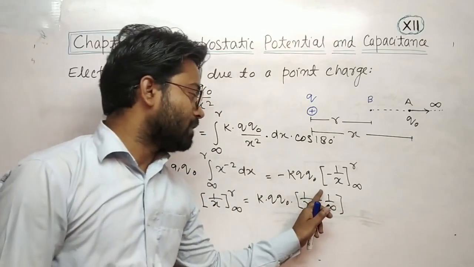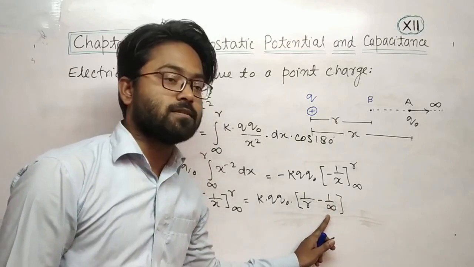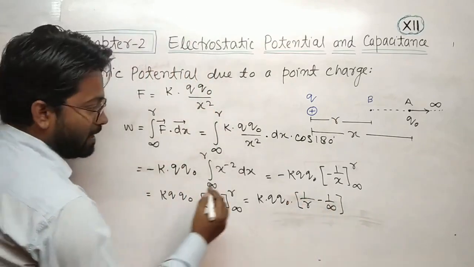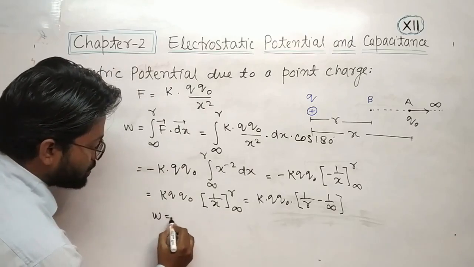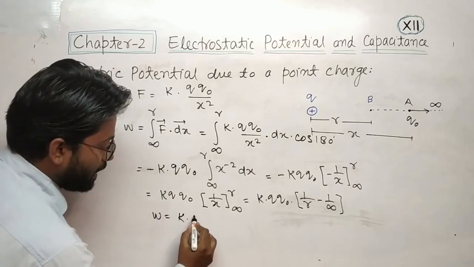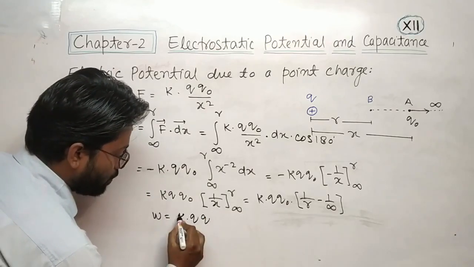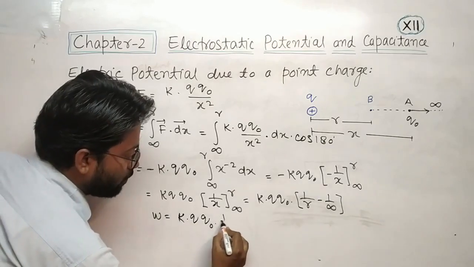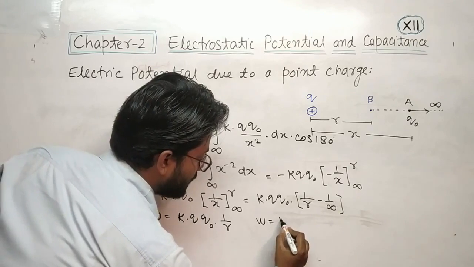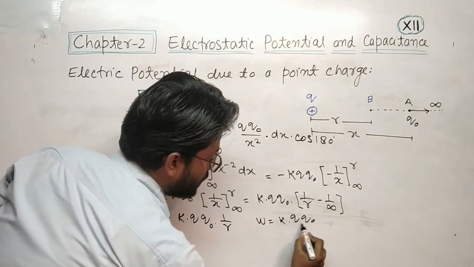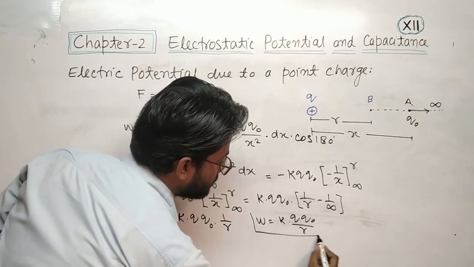We know that 1 upon infinity is 0. Finally we can write W is equals to K Q naught 1 upon r. Simply W is equals to K times Q naught upon r.